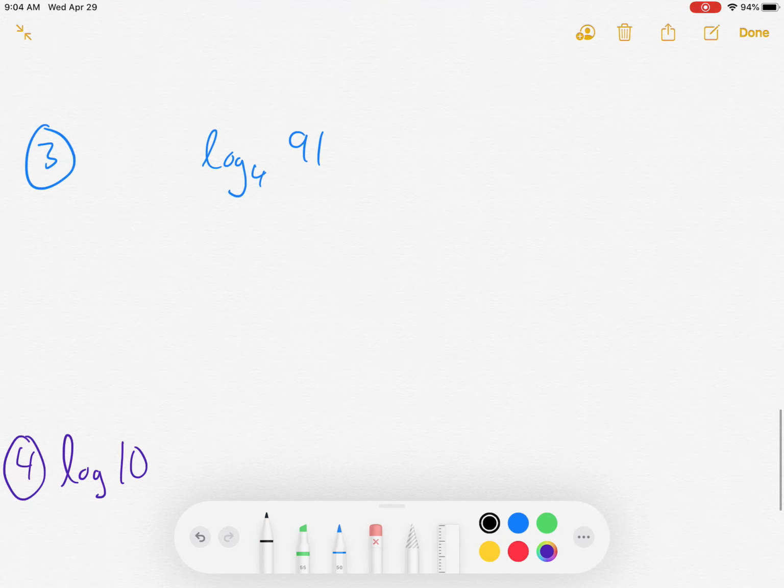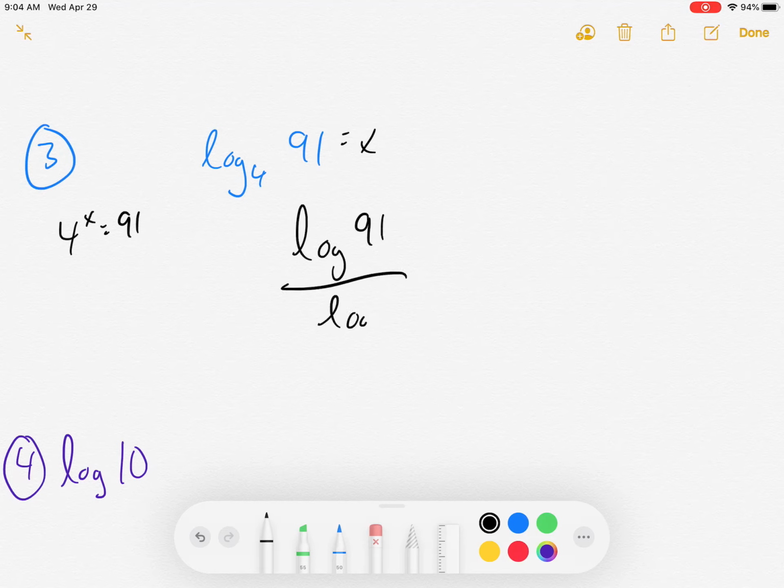Okay, I want you guys to try the next one. Again, we're looking for 4 to what power equals 91. Use the change of base formula, see if you can figure out what you get. Okay, so you should be typing in log of 91 over log of 4.